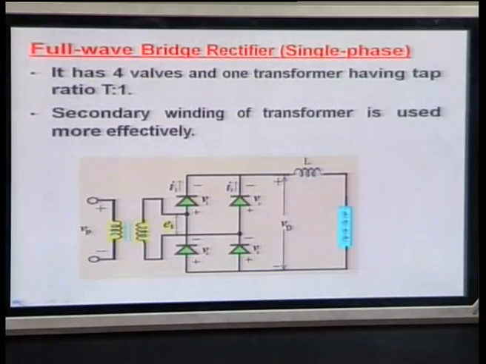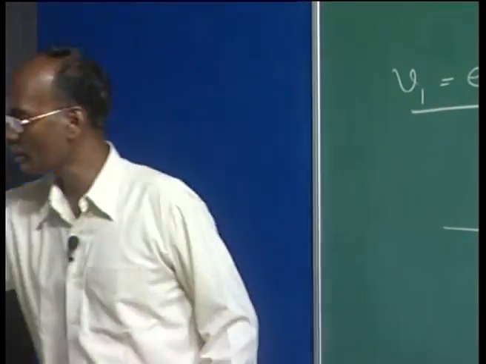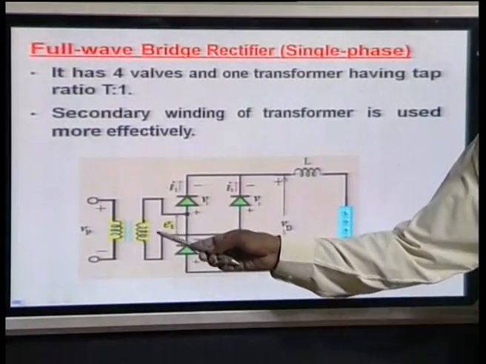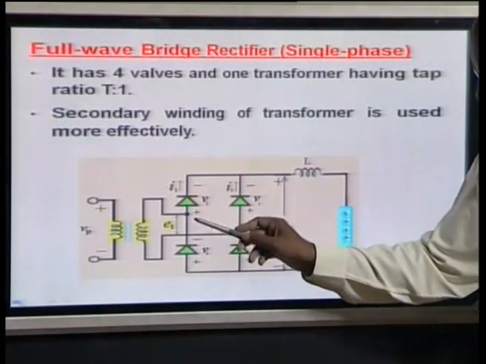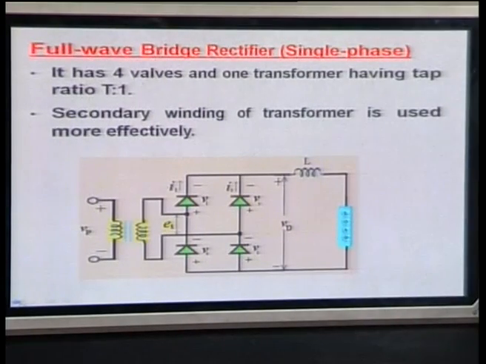So, valve 1 and 2 are conducting during the positive half. Once this reverses, now 3 and 4 are conducting and we are getting the output voltage.